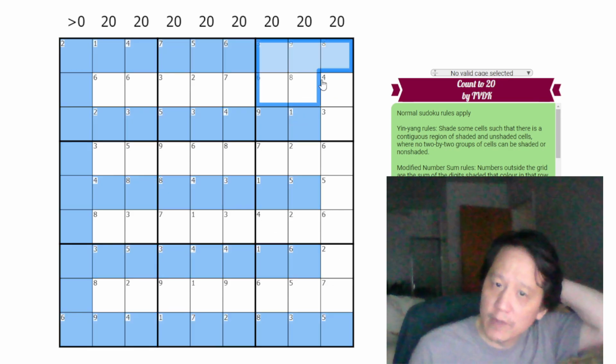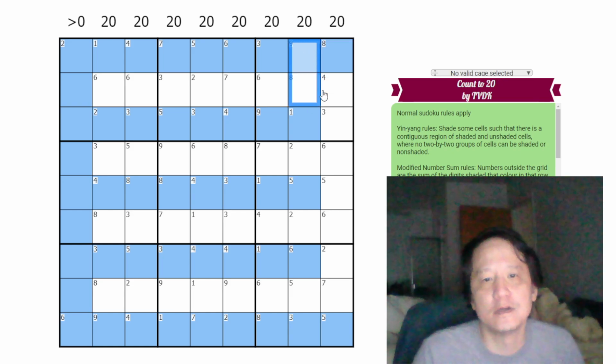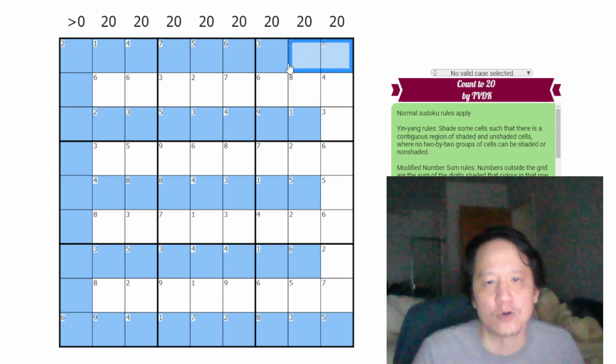There's no 2 by 2 space that's completely unshaded or completely shaded. And there are some interesting little tidbits along with that, and I'll share some of those secrets with you in the solve.